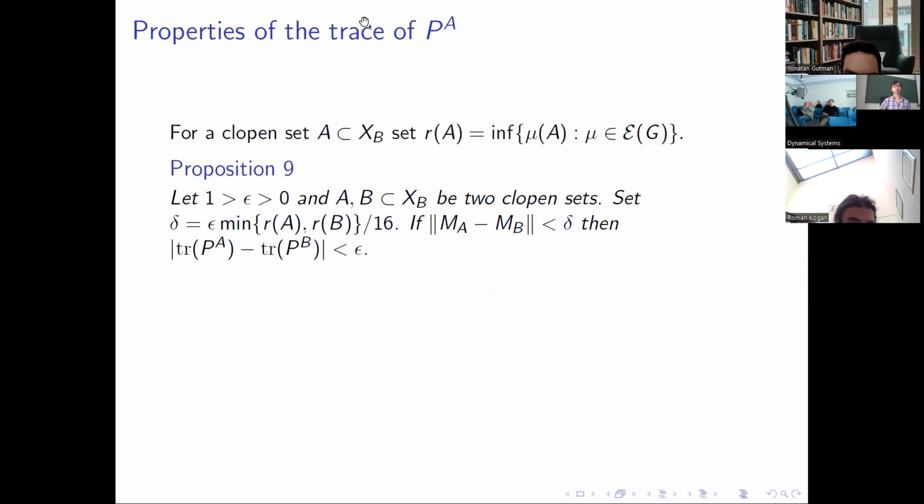Now, one important property of the trace on these orthogonal projections is continuity.